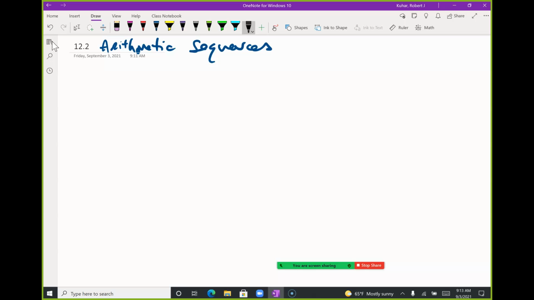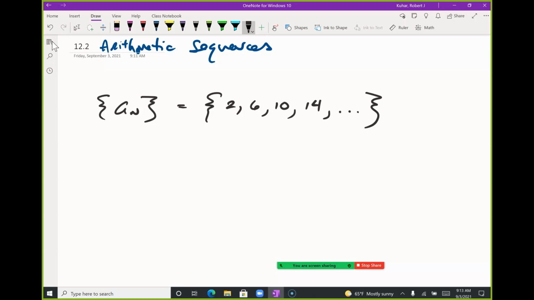And the series is just the terms, right? So I can give you a series lots of ways, and we'll make it arithmetic here. I'm using curly brackets: 2, 6, 10, 14, dot, dot, dot. That is my sequence.